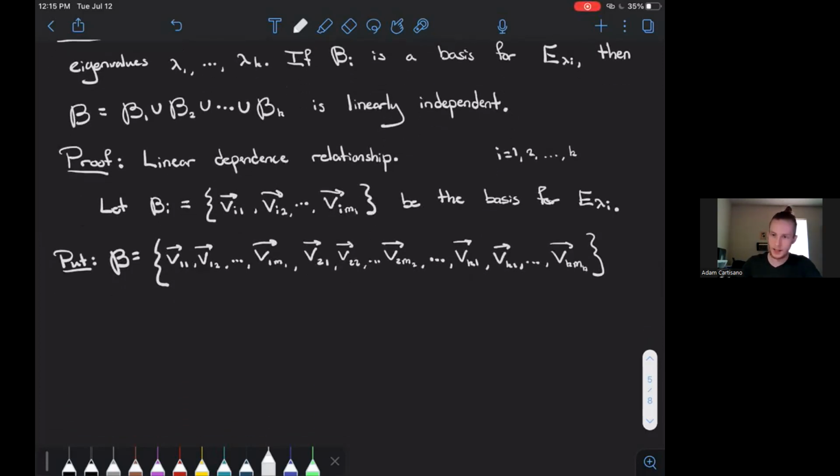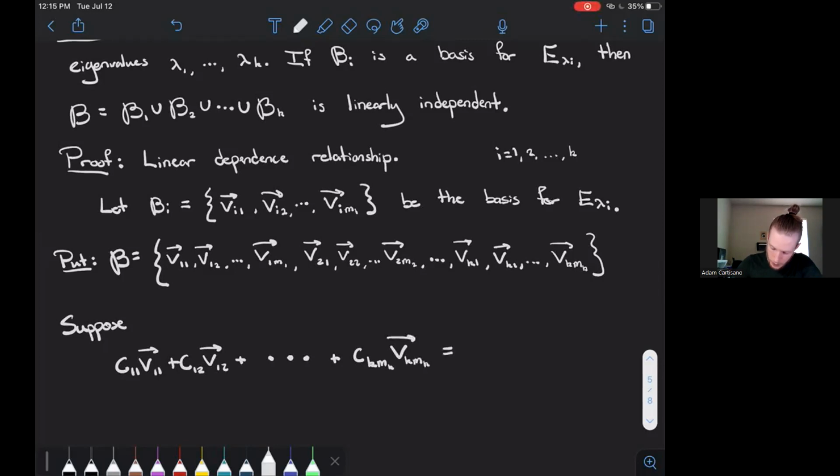So, to that end, suppose C11 V11 plus C12 V12 and all of the in-between stuff, all the way up to C K MK, V K MK equals 0.